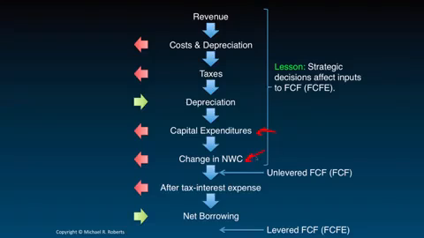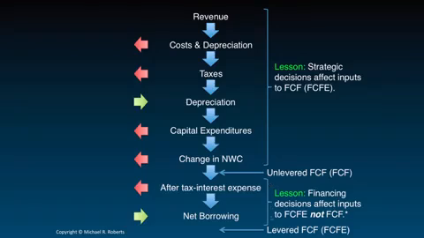All of these strategic decisions are going to impact our unlevered free cash flow and ultimately our levered free cash flow. Right? Financing decisions are down here. They're going to impact our leverage choice, the after-tax interest expense, the net borrowing. Okay? And hence, that's why we refer to these cash flows here as unlevered. They're unaffected by leverage choices.